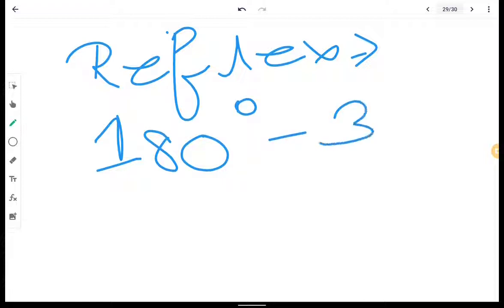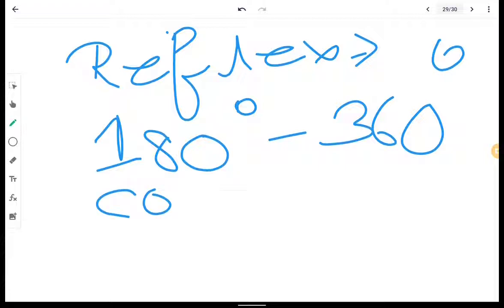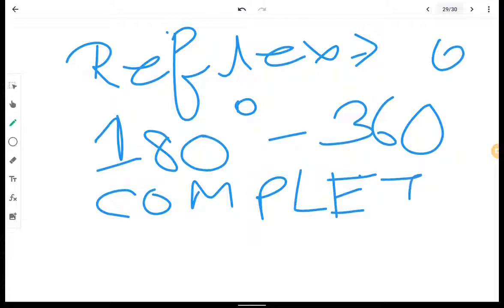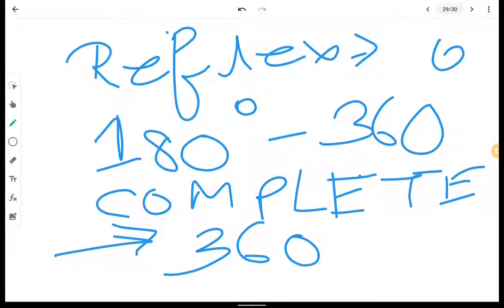So let me write it. Now it's time for the final angle, which is the round angle or the complete angle. It's a complete one. It's of how much? Yes, 360 degrees.